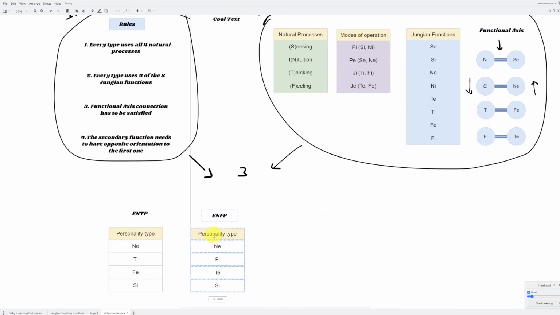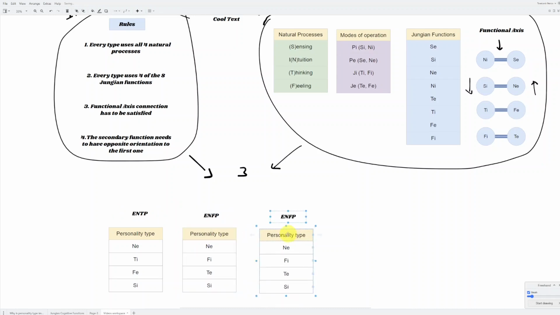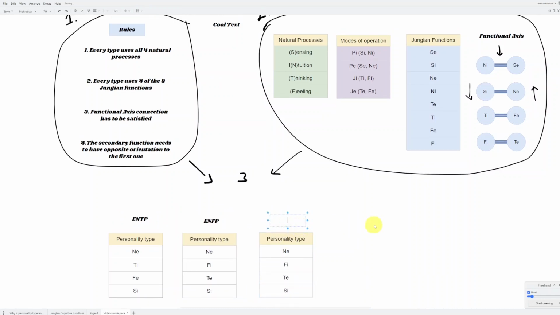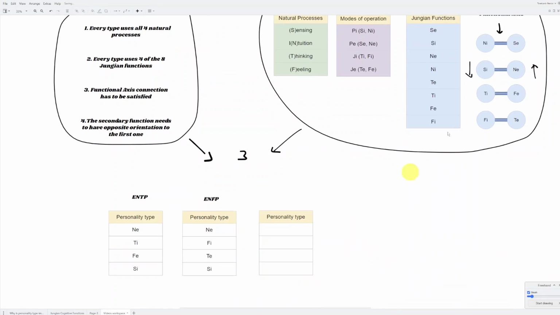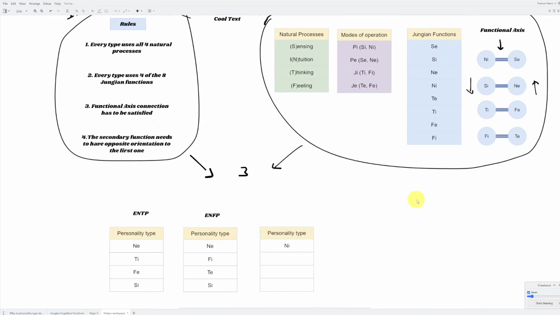Now let's try to do two more. So remove this here, because we don't know which type it is yet. So the next type, let's use introverted intuition now. So we start with an introverted function, introverted intuition. By the way, I forgot to mention, why are there 16 types?